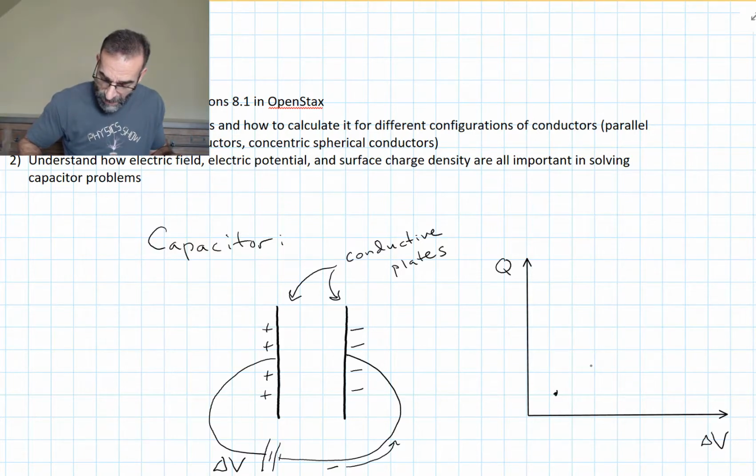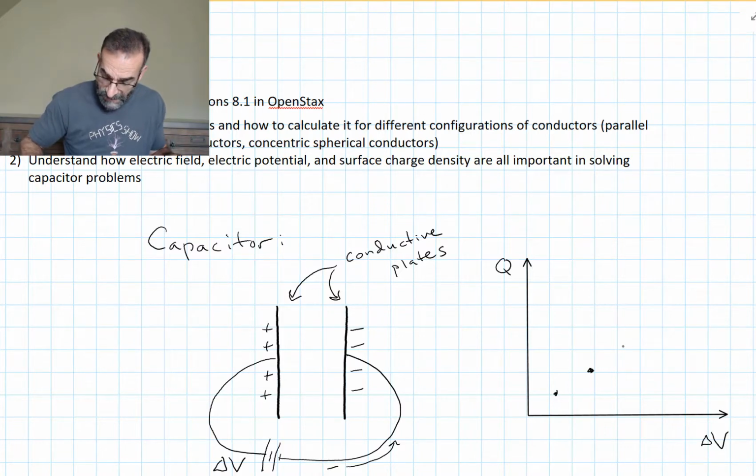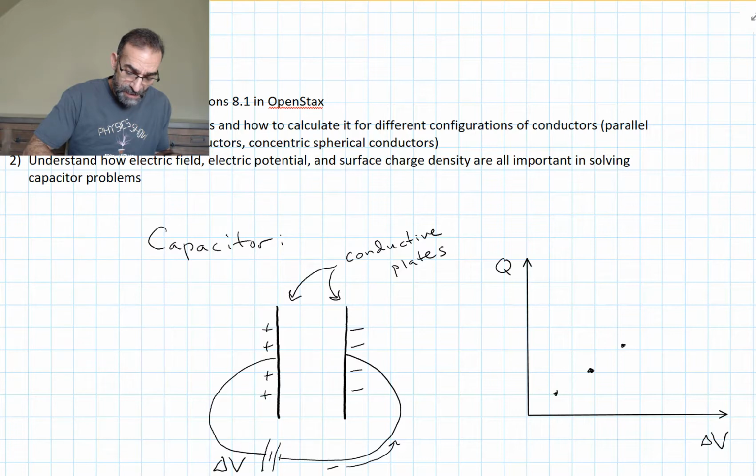Maybe it could move this much charge. And then we crank it up to a higher voltage, and it moves even more charges from one plate to the other. What we end up with is a curve that looks something like this.